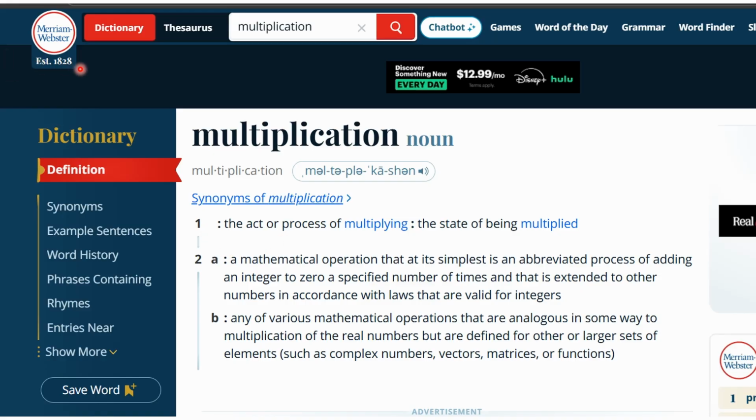All you have to do is go to your Merriam-Webster dictionary, whatever dictionary you've got, and look up your definition of multiplication. And right here, it's a mathematical operation that, at its simplest, is an abbreviated process of adding an integer to 0 a specified number of times, and that is extended to other numbers in accordance with laws that are valid for integers.